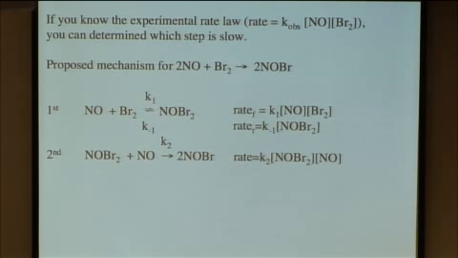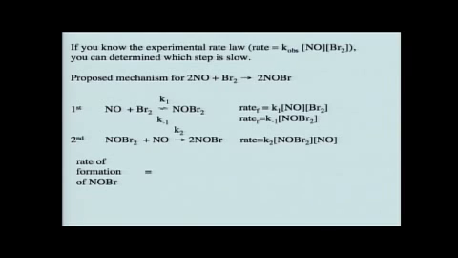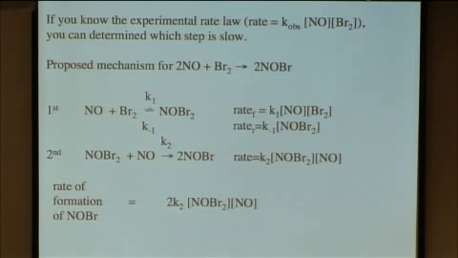All right, so we know nothing now about fast or slow steps, so we can write the formation of our product just in terms of this second step. And again, there are two molecules being formed, so we have a 2, and 2 times this rate for this second step, k2 times intermediate times NO. So again, now we have an intermediate that we have to get rid of.